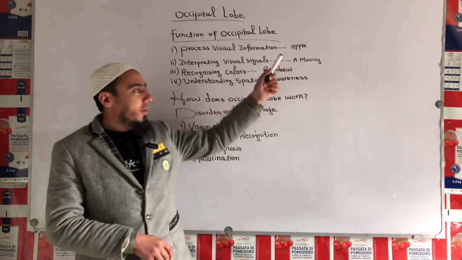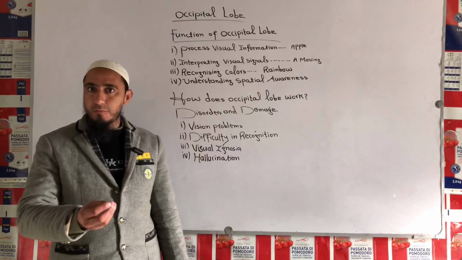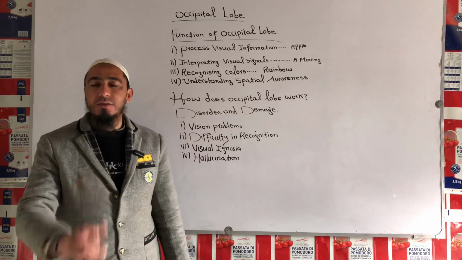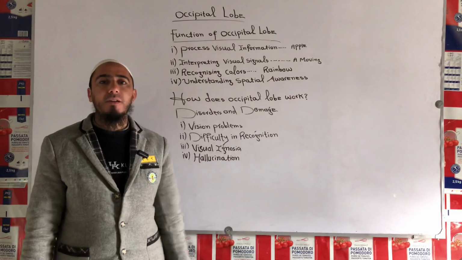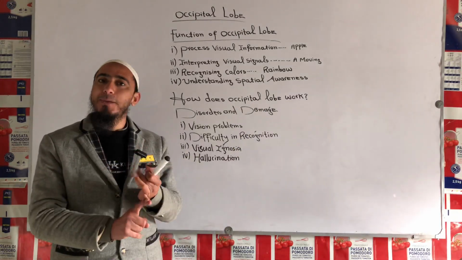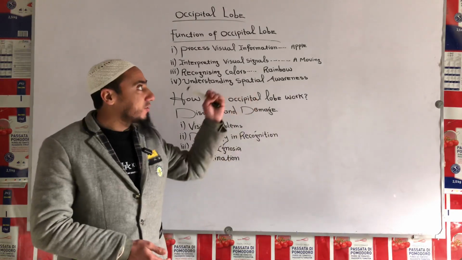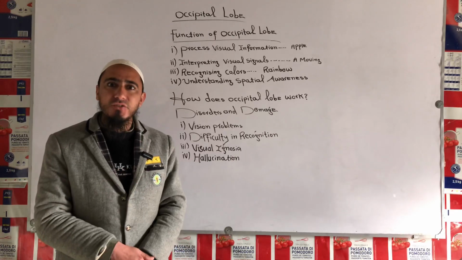For example, if we look at an apple, it analyzes the apple: the shape of the apple, that it is round, and the color of the apple, that it is red.